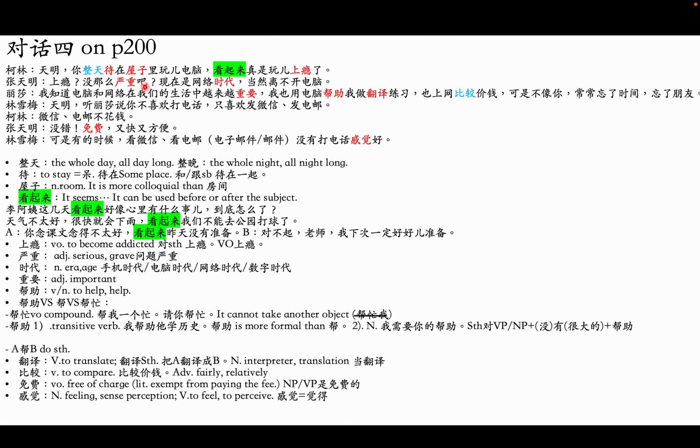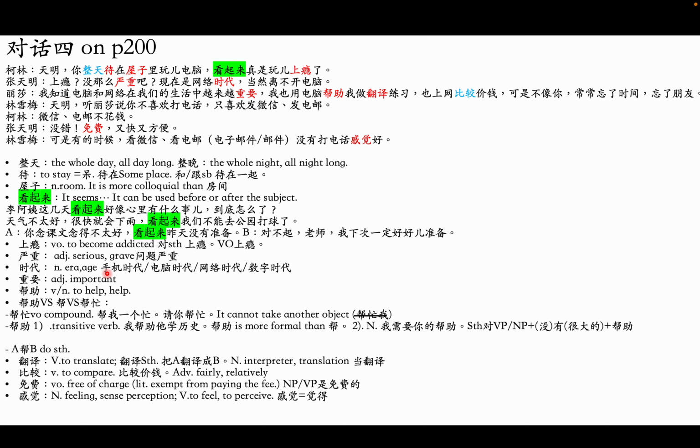没那么严重吧严重 means serious, grave. Usually we use together with 问题 This problem is serious. Some problem. 什么问题很严重张天明说Sure it's not as serious as that. 现在是网络时代时代 means era, age.